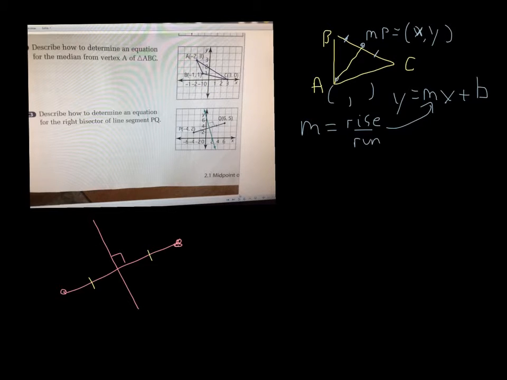You can choose either A or your midpoint, and you can put them in for x and y and solve for b. Then you'll have your equation of the median, okay?